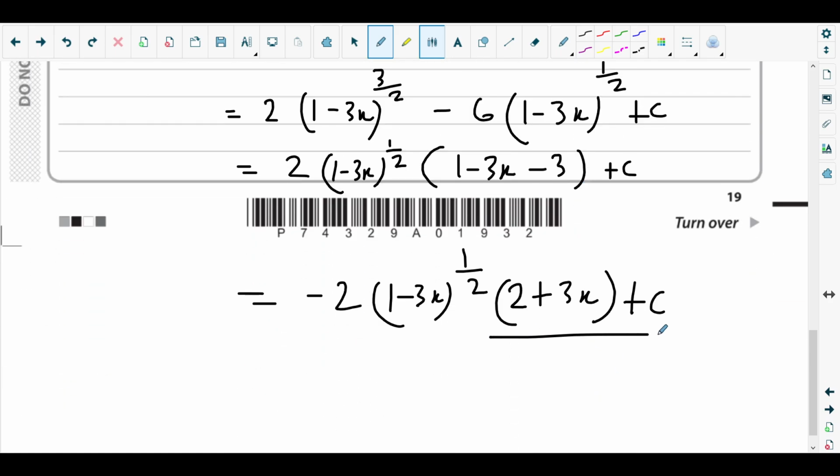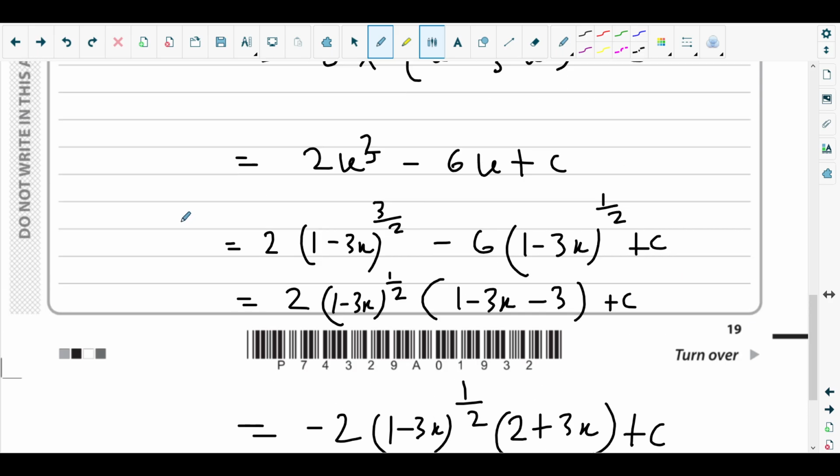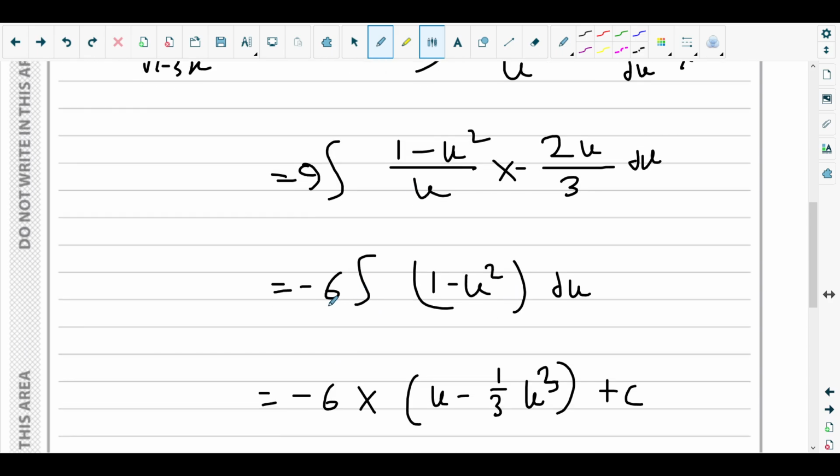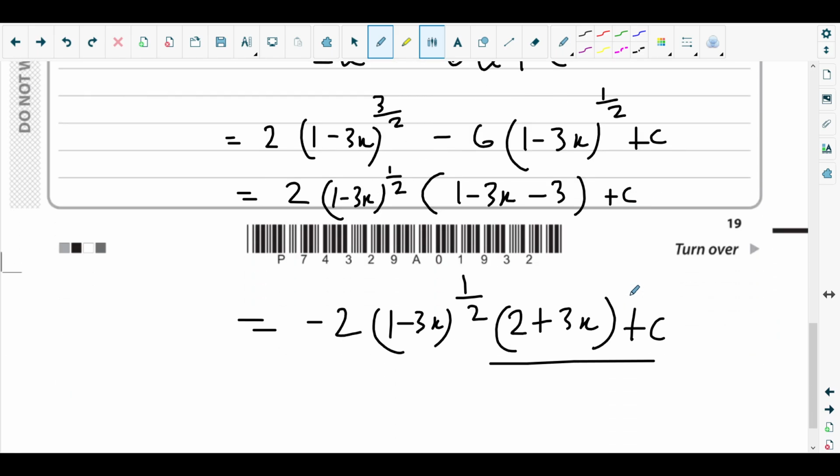We got the value for the integration of 1 minus u squared using substitution. At last we got the integral is negative 2 times 1 minus 3x to the power half times 2 plus 3x.